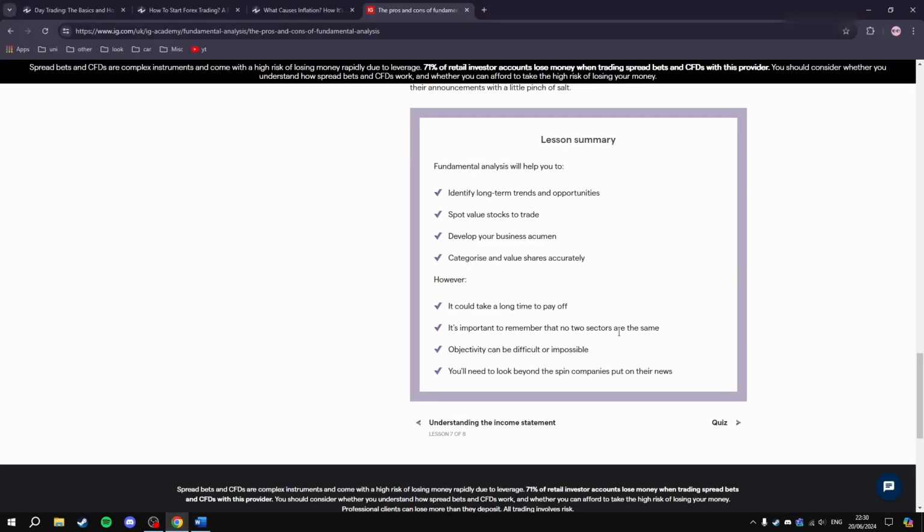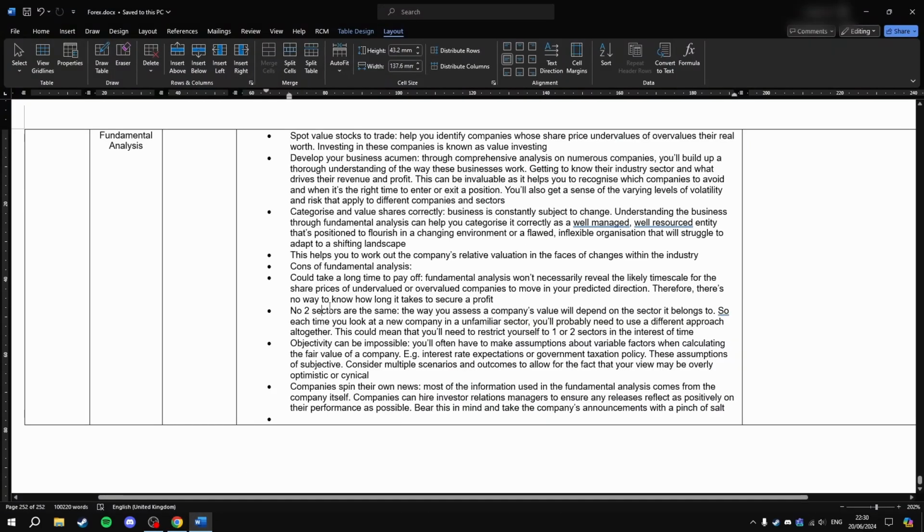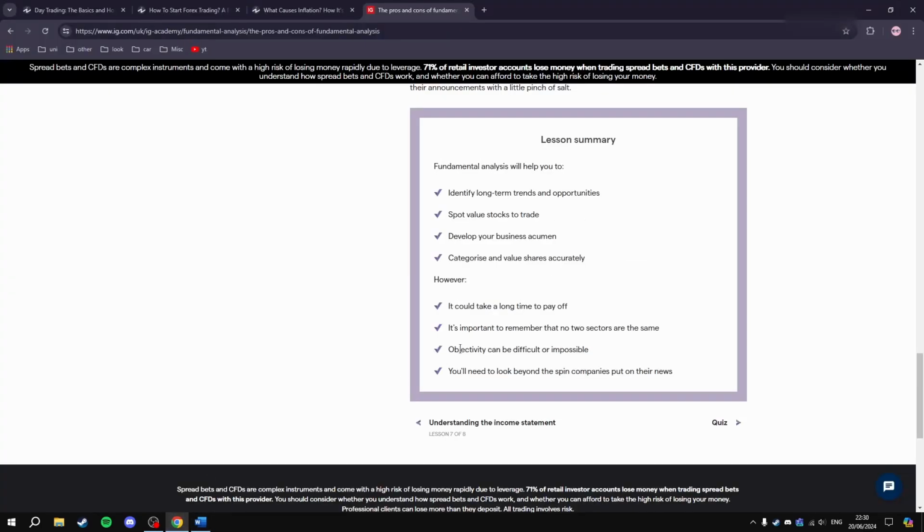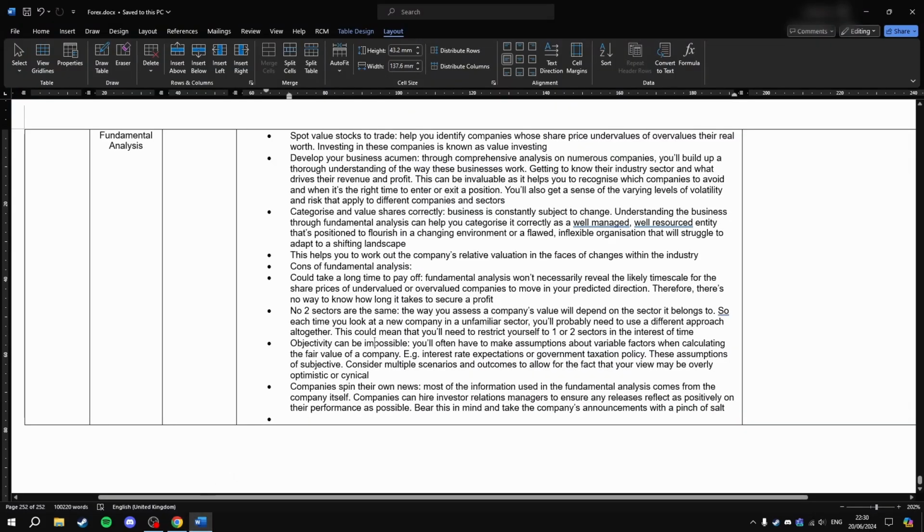Remember that no two sectors are the same. Objectivity can be difficult or impossible.